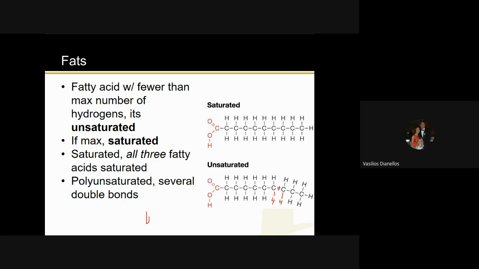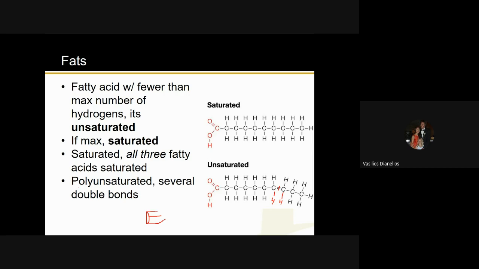There's the glycerol molecule and the 3 fatty acids. That's so horrible, but there it is. That means all 3 are like this. They're saturated. That's the only way. If even one of them is unsaturated, then that whole thing is called unsaturated, right? So it can only be saturated if all 3 are saturated. Does that make sense?